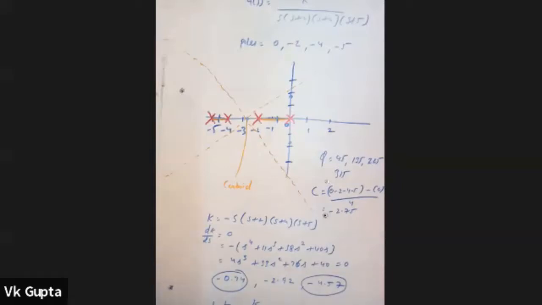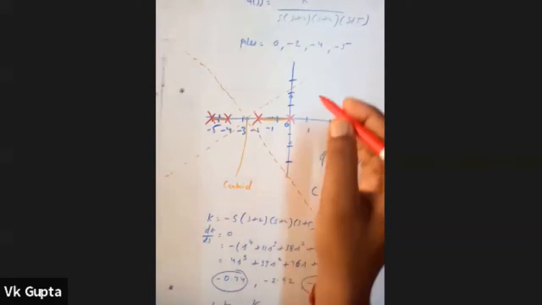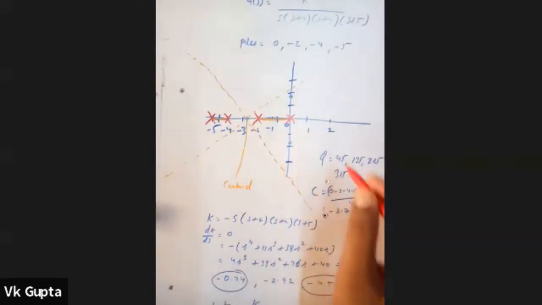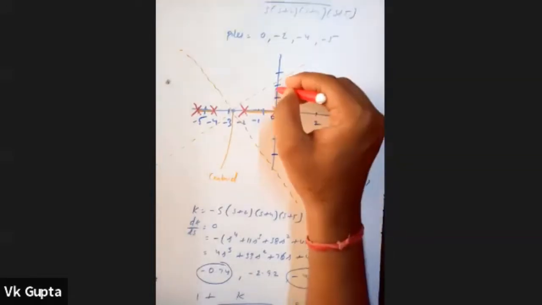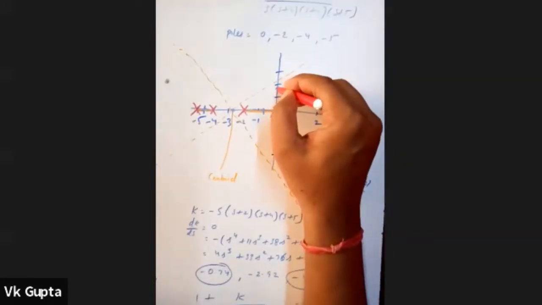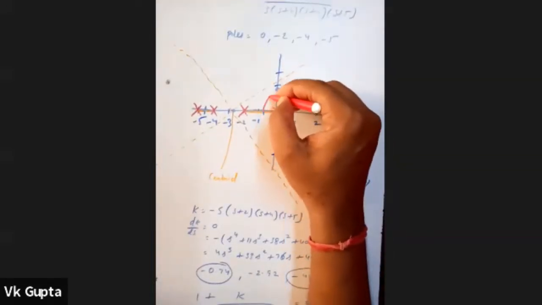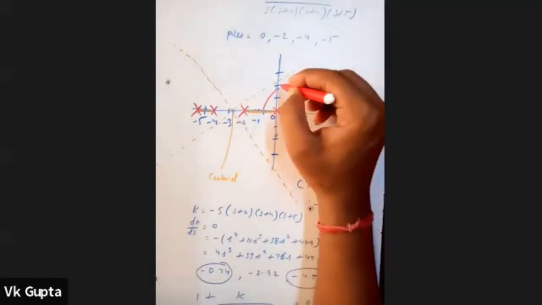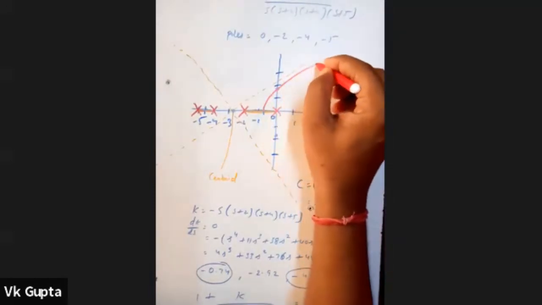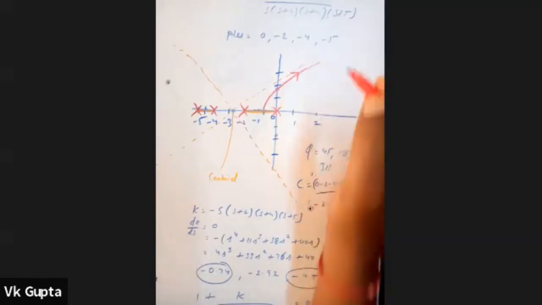So this ends our calculation. Now let us complete our root locus. The locus crosses at 1.9, and then the breakaway point is this one. This is the first arrow mark.